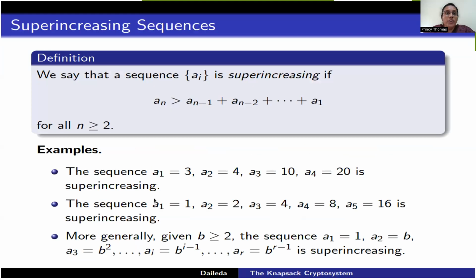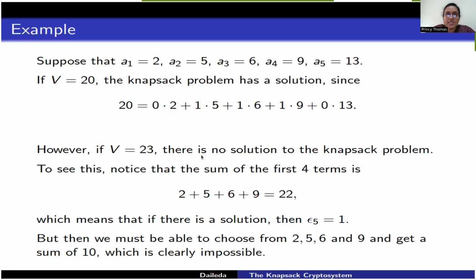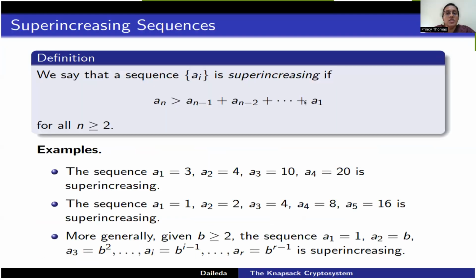Now we are going to look at something different. That is super increasing sequences. This sequence A1, A2, A3, A4, A5 is called a sequence. Now what is meant by a super increasing sequence? Because in the knapsack cryptography, we use super increasing sequences.